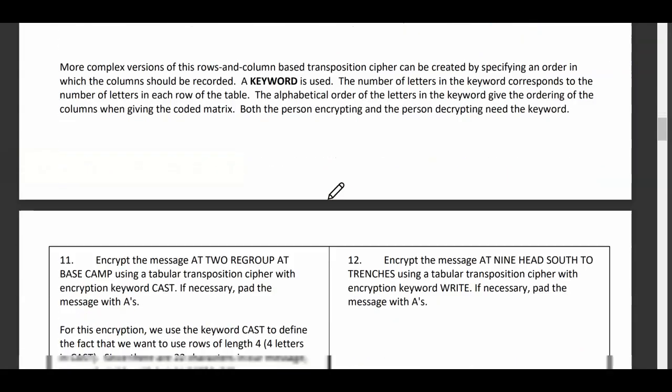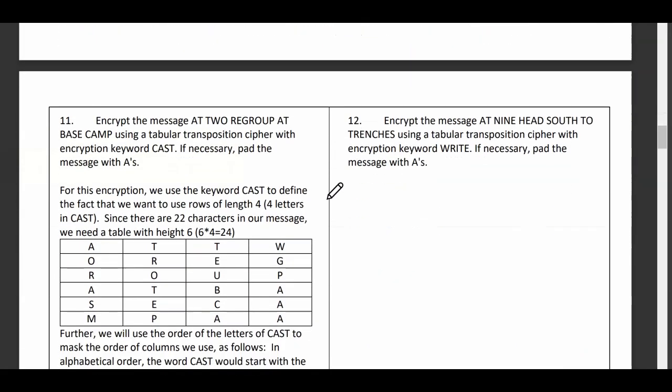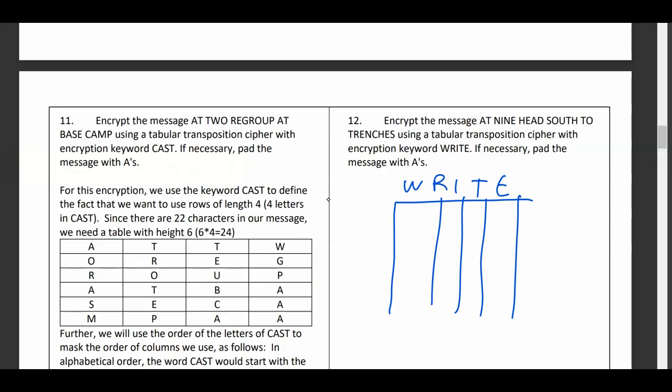Keywords. You have to know the keyword. Basically, it's still the tabular transcription. Let me write the word "write." This is the keyword. First off, that defines the size of the table.